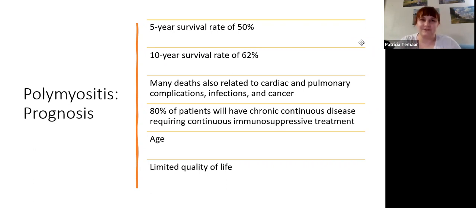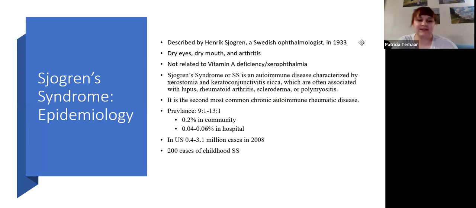So while physical therapy is really key in treatment and in preventing further necrosis or decay of the muscle, even then what is lost can't really be gained back, which leads to a limited quality of life for these patients, which leads to a worse prognosis.